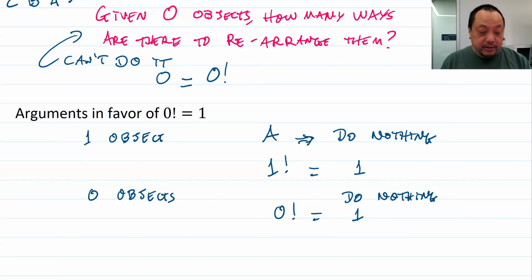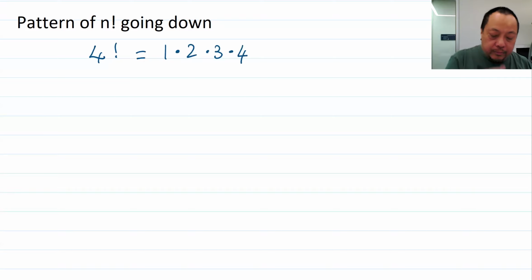Let's take a look at some more reasons why people prefer 0 factorial equals 1. A really cool argument in favor of 0 factorial equals 1 is to look at the pattern of n factorial as we take the number n slowly smaller. So let's start with 4 factorial. 4 factorial is 1 times 2 times 3 times 4, and that is equal to 24. 3 factorial is 1 times 2 times 3, and that is equal to 6.